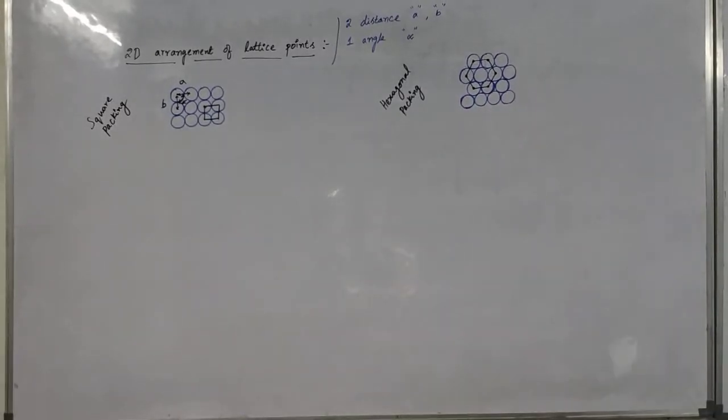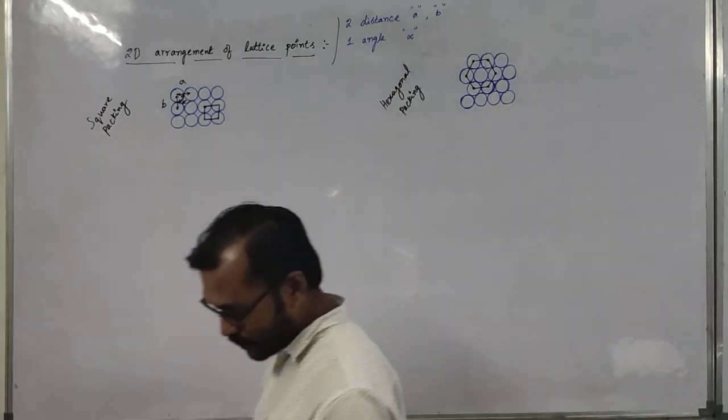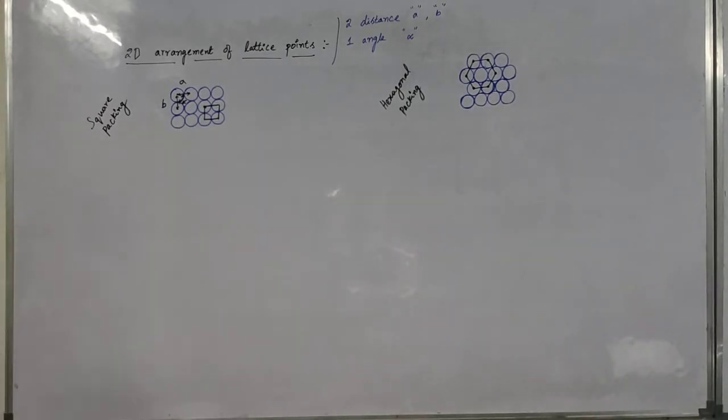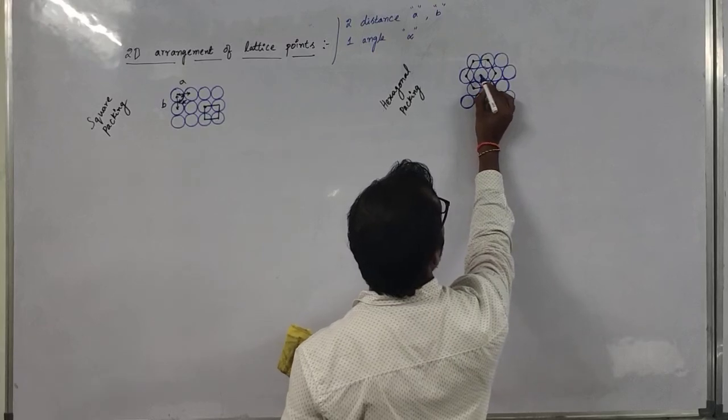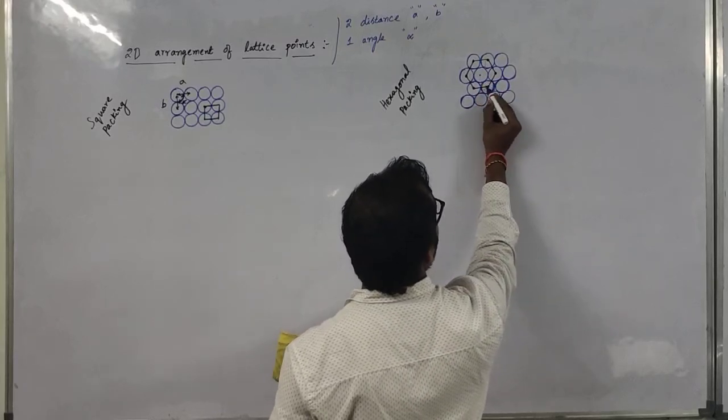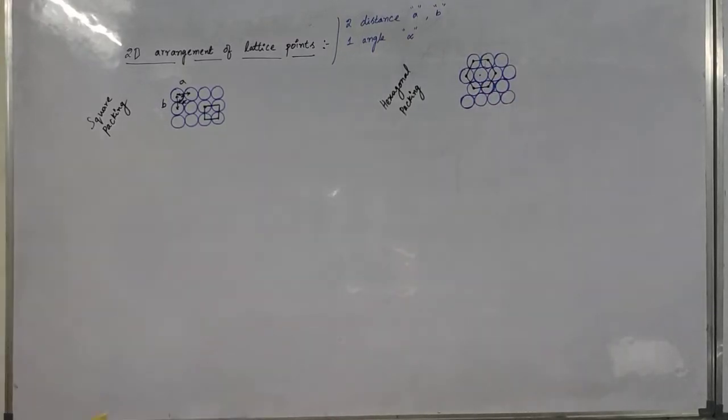Right? So we can construct triangles, we can construct a parallelogram. So we can construct a parallelogram or triangles. So, square packing, hexagonal packing.